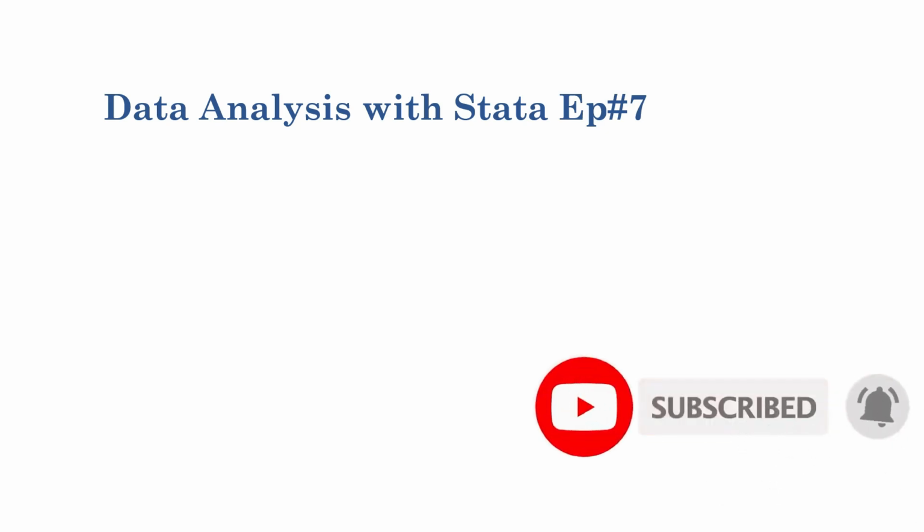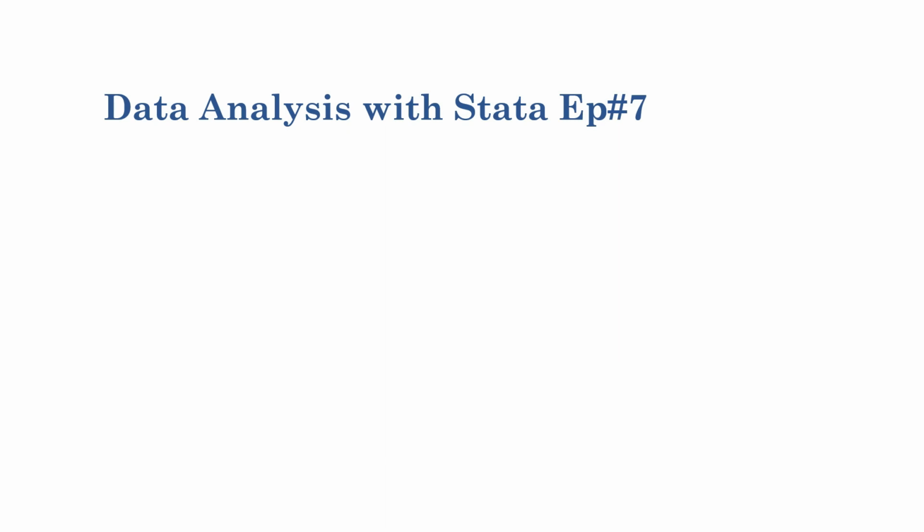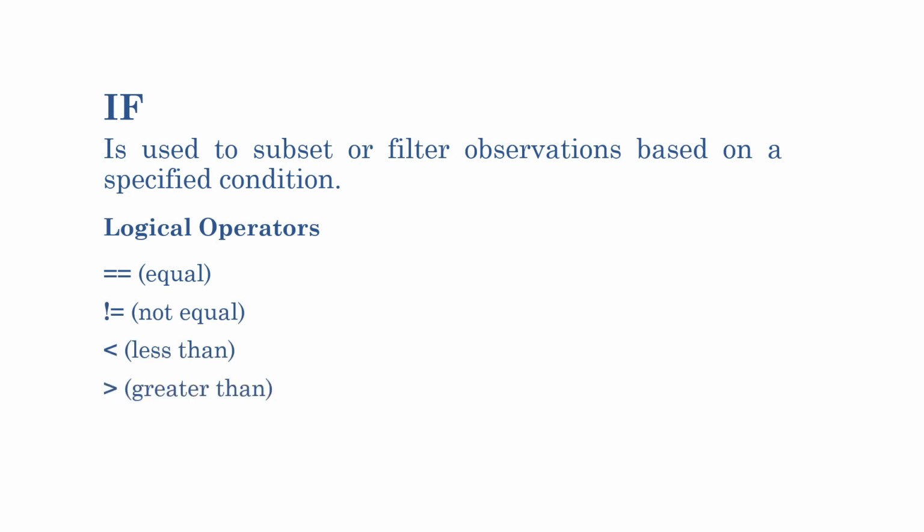In this episode, I will guide you on how to use the condition if and the logical connectors and versus or. Let's pay attention to the theory to understand each of these elements. If is used to subset or filter observations based on a specified condition. Logical operators: we have equal, not equal, less than, greater than, less than or equal, greater than or equal.